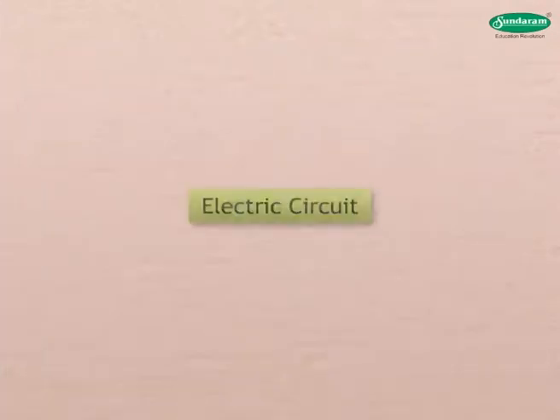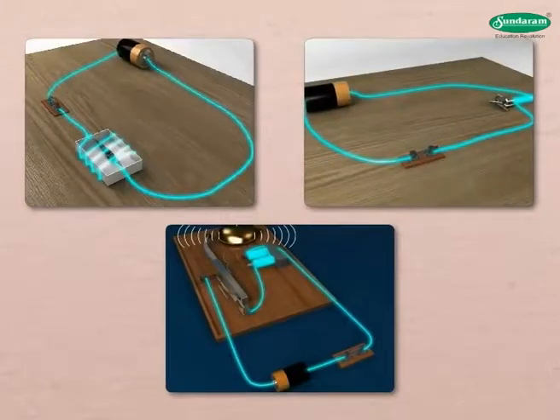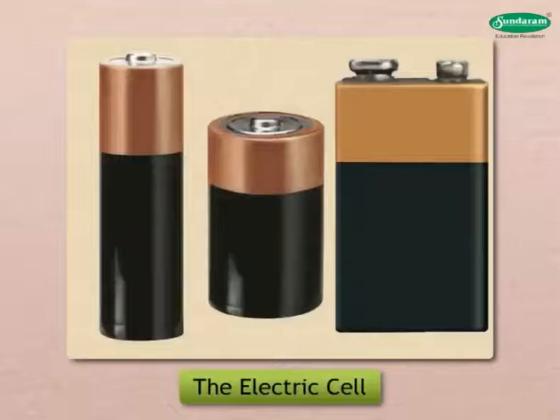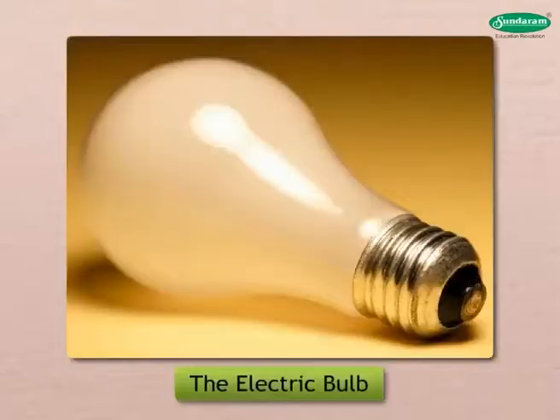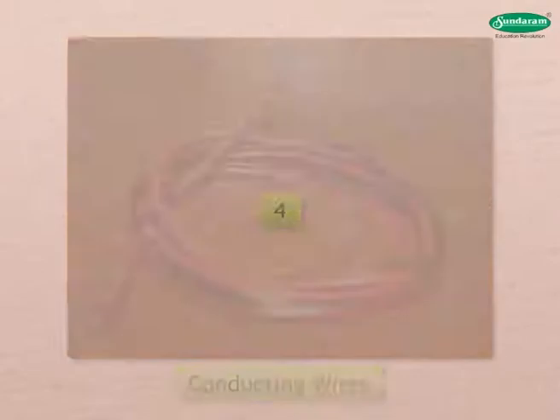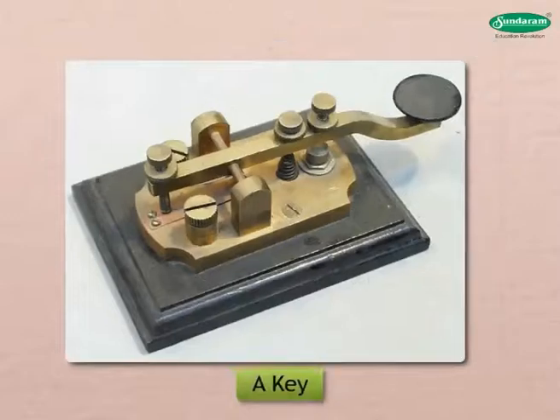Now, let us see the electric circuit. So, from all the experiments that we have studied and performed, we have found that an electric circuit requires a few basic components. 1. The electric cell. 2. The electric bulb or an electric gadget. 3. Conducting wires. 4. A key that can open and close the circuit.